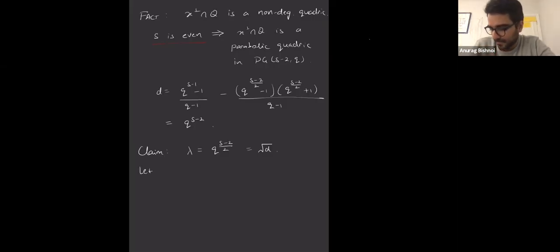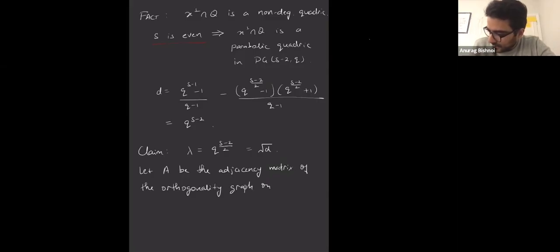So let A be the adjacency matrix of the same graph, the orthogonality graph on all points of the space.